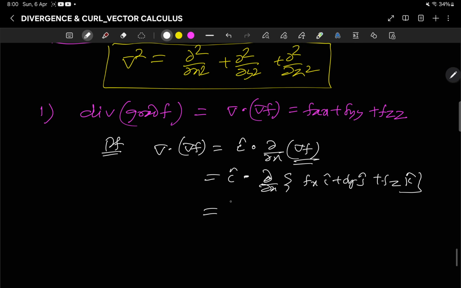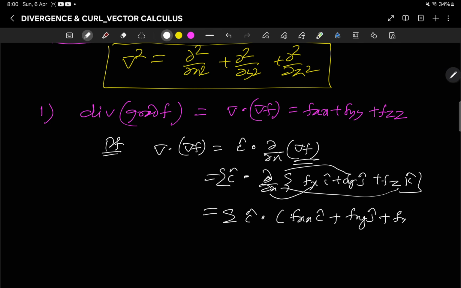So this is the summation of I cap dot, operating on fxx i plus fxy j plus fxz k. Now here I dot I is 1, and this will give you 0, and this will also give you 0.